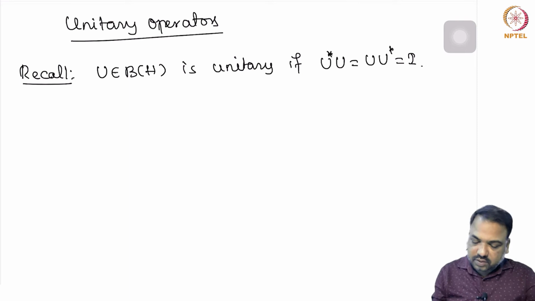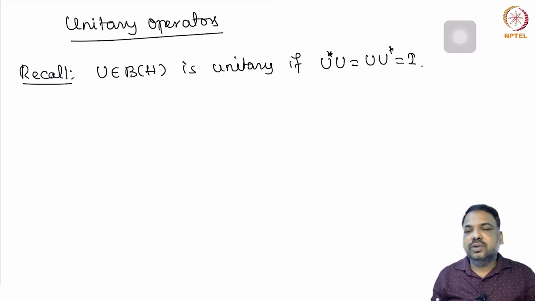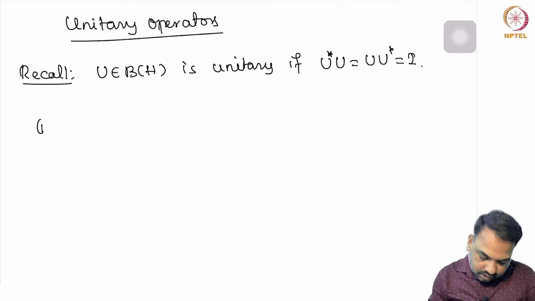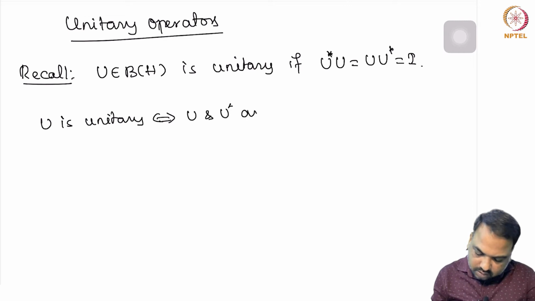Now we know that when U*U is identity, U is an isometry. When UU* is identity, that means U* is also an isometry. So we can say that U is unitary if and only if U and U* are isometries.